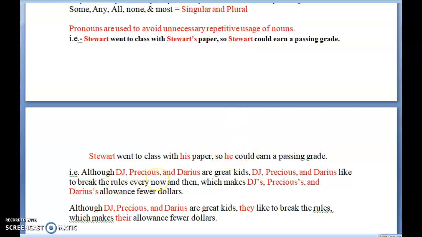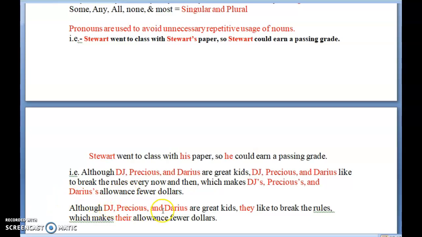So what if we have compound subjects? The same rule applies. Although DJ, Precious, and Darius are great kids, DJ, Precious, and Darius like to break the rules every now and then, which makes DJ's, Precious's, and Darius's allowance fewer dollars. So if we want to replace that, we're going to use the same methodology.